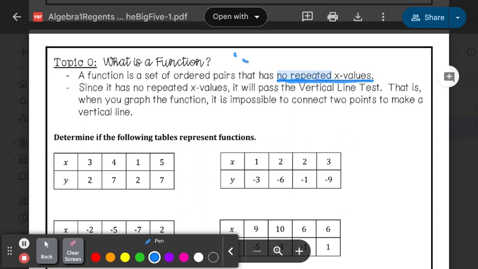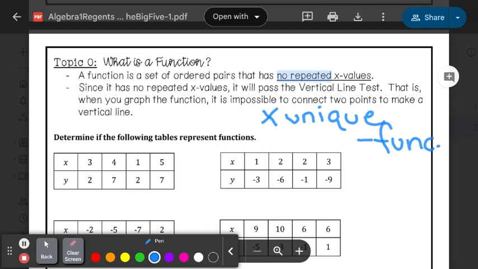If the x is unique, then it's a function. If it's not unique, then it's not a function.